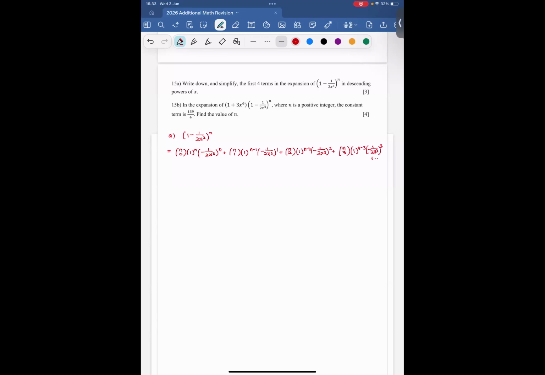Okay, we cannot leave our n like that. We need to simplify. So n choose 0 is 1, 1 to the power n is also 1. So this whole first term is just 1.